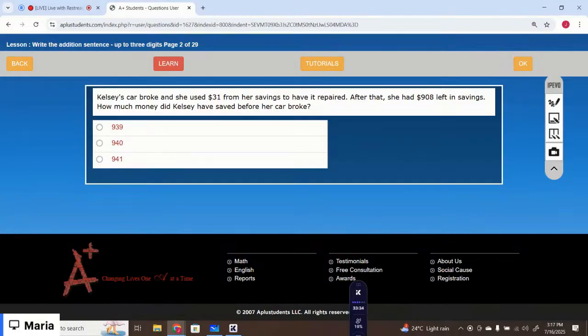Kelsey's car broke and she used $31 from her savings to have it repaired. After that, she had $908 left in savings. How much money did Kelsey have saved before her car broke?